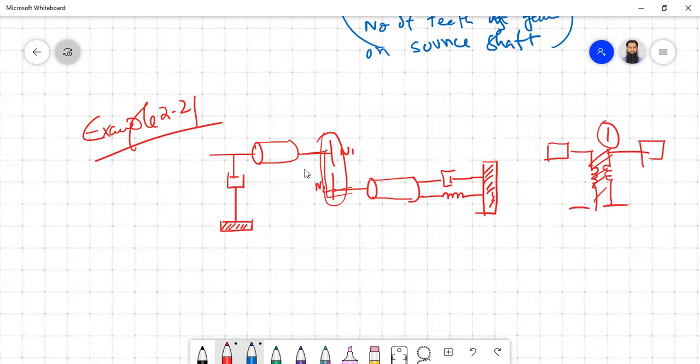This is what you have to keep in mind. That is why you can make a summation of these components. Now J1 and J2 are in series, so they can be added together. This one is with respect to this point to the ground, and this one is also with respect to this point to the ground, so if you add those two, the friction coefficients can also be added.